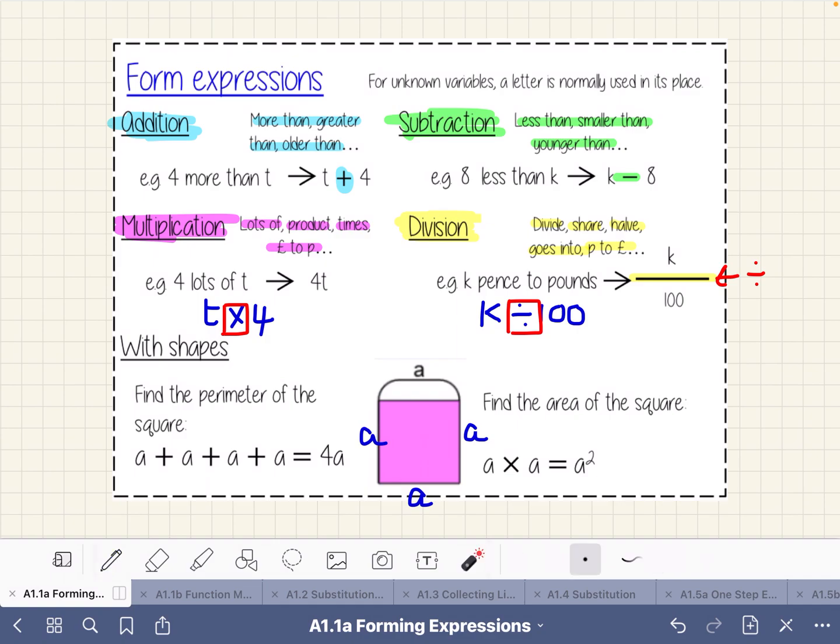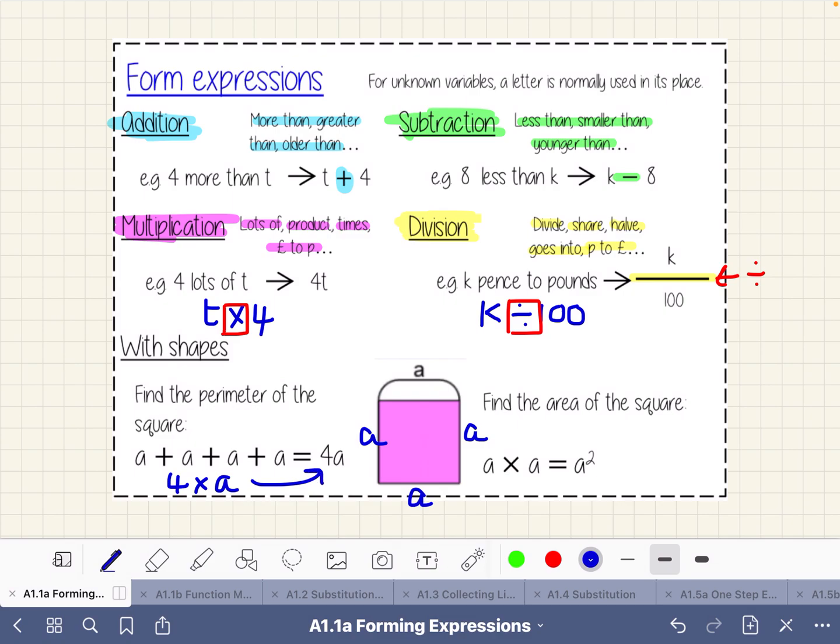If we are to travel all the way around this shape, I have a, add a, add a, add a. That gives me 4a as an expression for the perimeter of this square. We could also have written 4 times by a to give us this answer there.